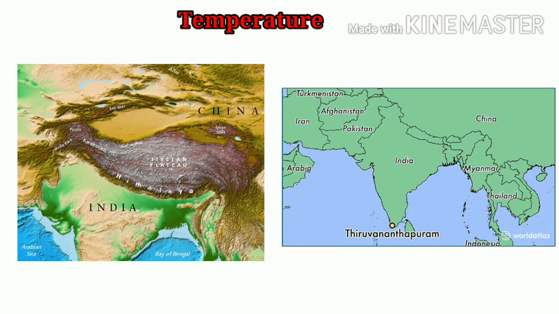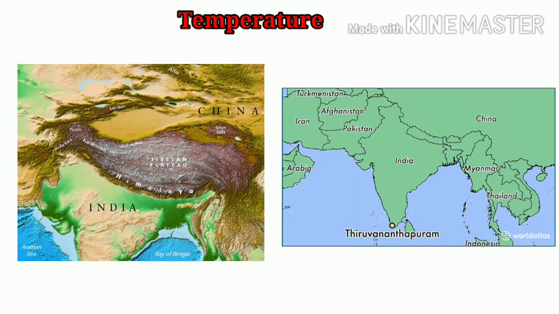Thiruvananthapuram is in Kerala. So in the same month, in the same season, the temperature is 22 degrees Celsius. So you can observe the differences. In Thiruvananthapuram it is 22 degrees Celsius, and in the Himalayas, in Jammu and Kashmir, it is minus 45 degrees Celsius.